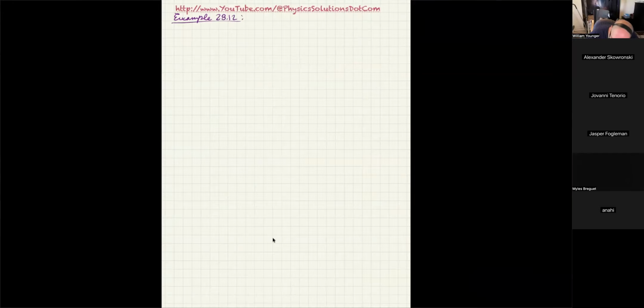So example 28.12 starts off with a coordinate system. And it's a little weird in that this one, at least appears to be, an innately two-dimensional problem. The actual third dimension is coming into play, because that's going to have to be the direction. But in reality, it's sort of two-dimensional, because all this stuff can be drawn in 2 dimensions.